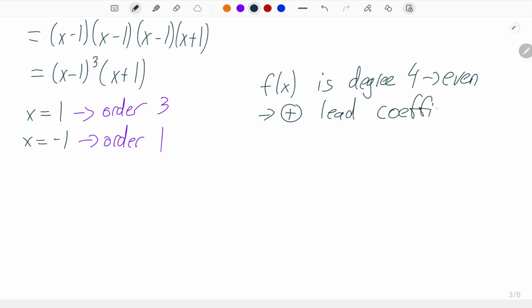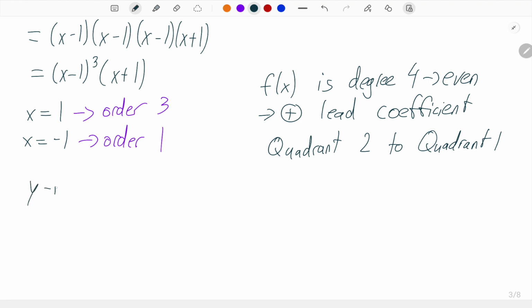And so because of that, we also know that it's going to end in quadrant 1, going up and away, but it also means that it's going to start in quadrant 2. So it's going to go from quadrant 2 to quadrant 1. Okay, so we've basically got all the information.